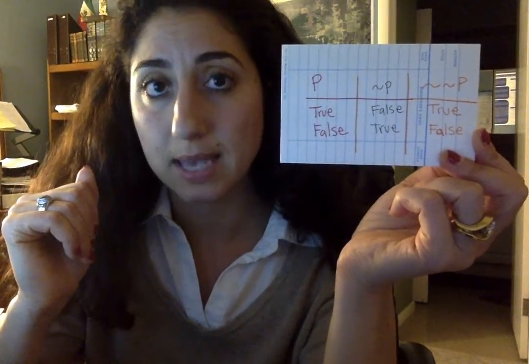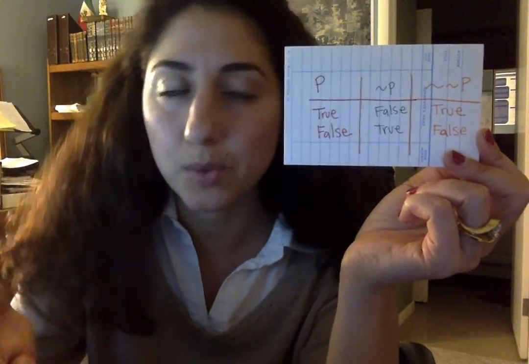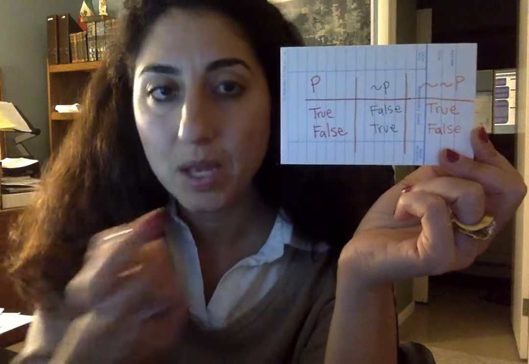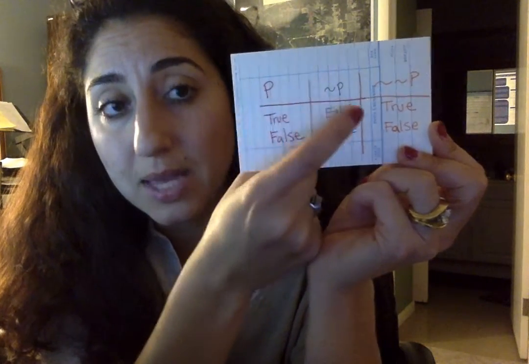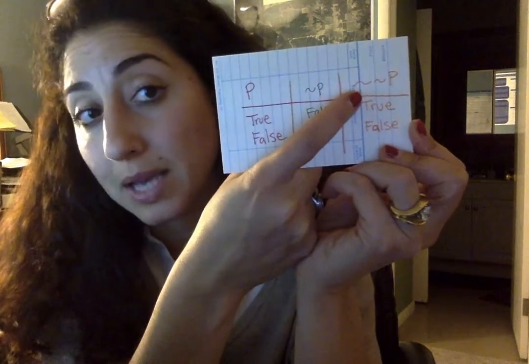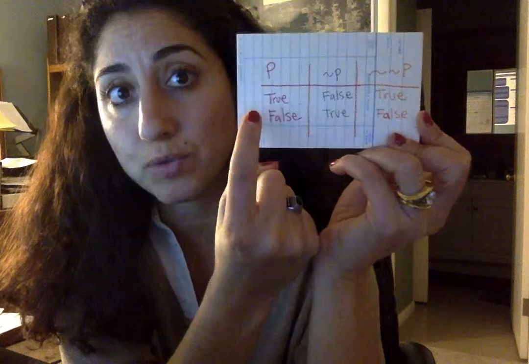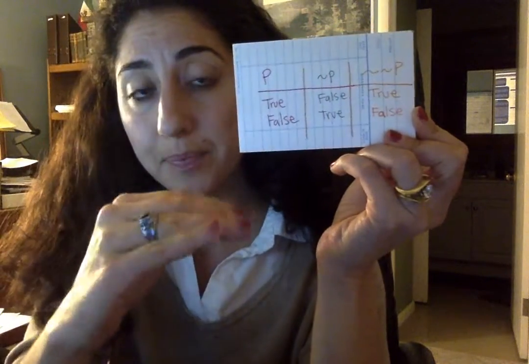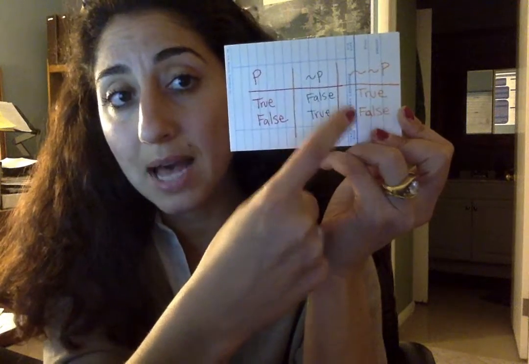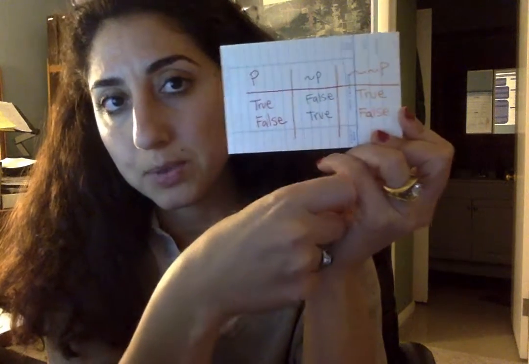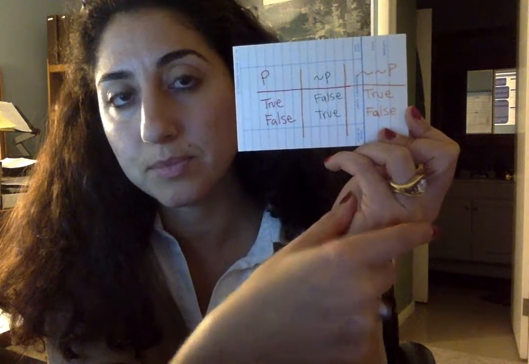So it's like saying, I don't not like you. In other words, I like you. If it's true that I like you, then it's true that it's not the case that I don't like you. These will always have the same truth values going down the line. If it's false that I like you, then it's false that it's not the case that I don't like you. Because the two negations, you can eliminate them.